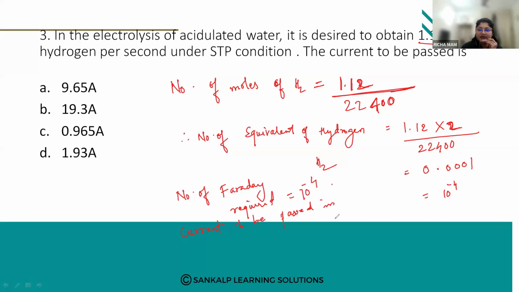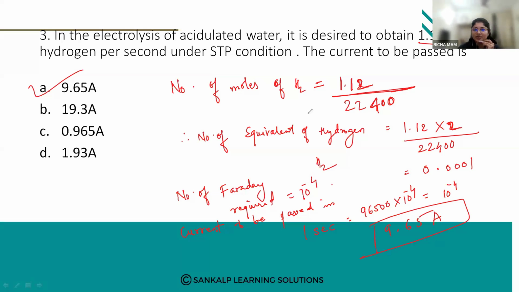It is 96,500 into 10 raised to minus 4, which is 9.65 ampere. So this much current has to be passed, that is 9.65. So option number A. What we have done here is first calculated the number of moles.